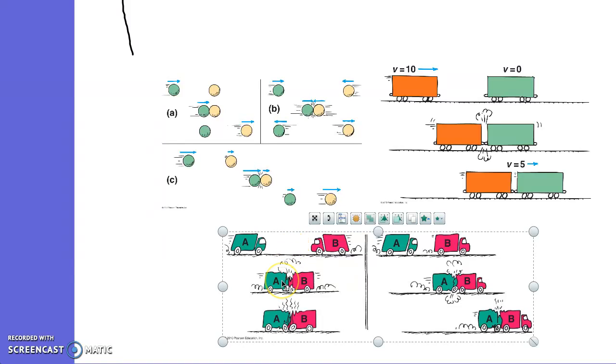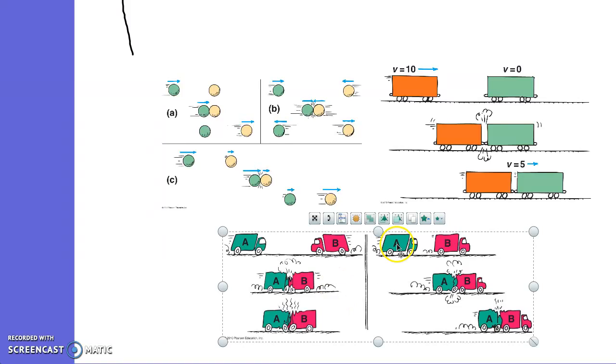When they hit into each other, they hook together, they're permanently deformed, so it's inelastic, perfectly inelastic, and their momentum now, because they're not moving, is also 0. So it's kind of the reverse of the cannon, where they're still at the beginning and they're moving at the end, but they still cancel out. Here they cancel out, but at the end they're not moving, so they still have a net momentum of 0.